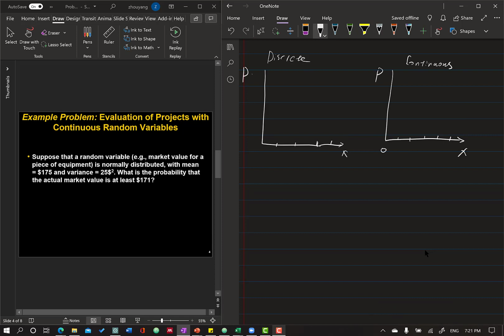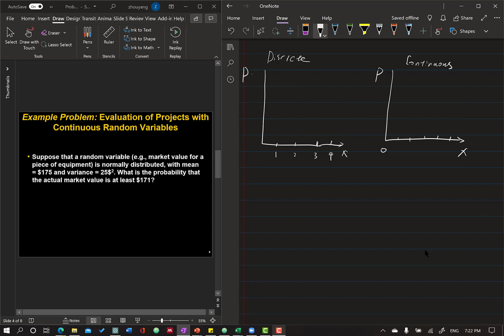On the left, we have the plot for the discrete random variable, and on the right, the plot for the continuous random variable. For the y-axis on both plots, that represents the probability that x takes a certain value. For the discrete random variable, the x values are countable, separate values, like the integers 1, 2, 3, 4.